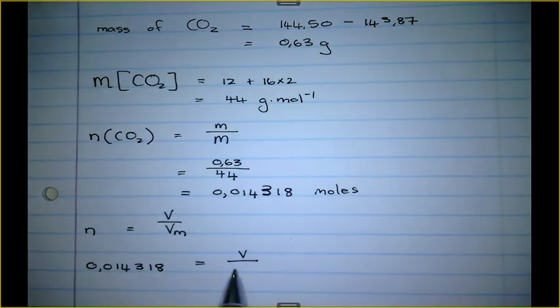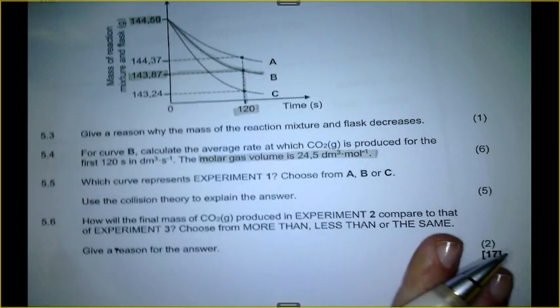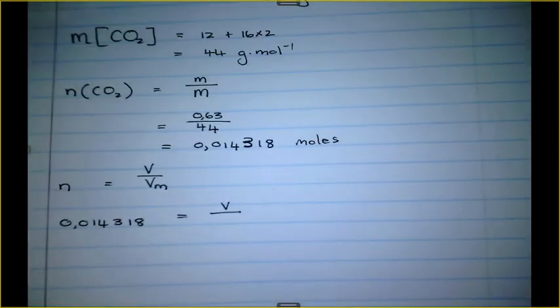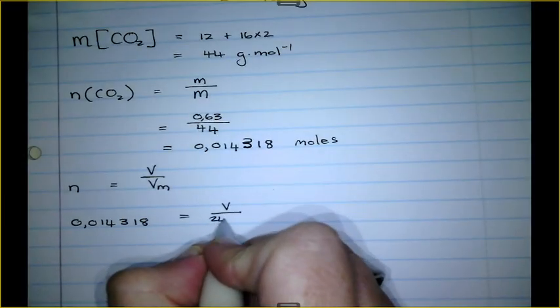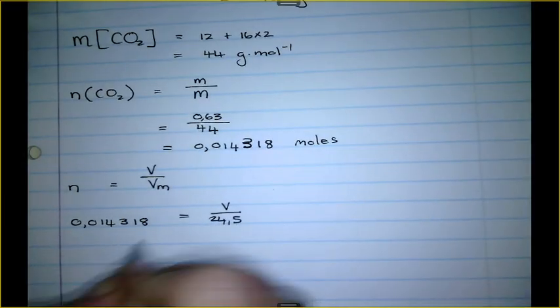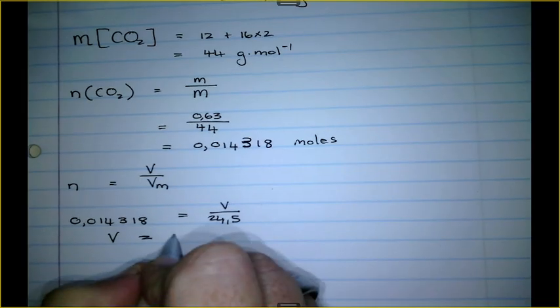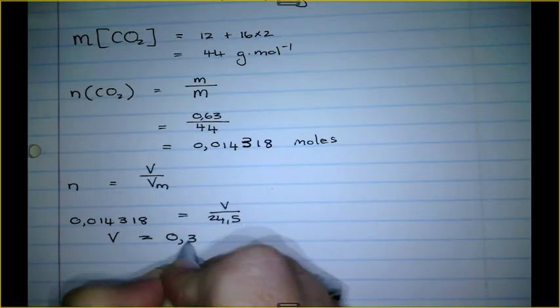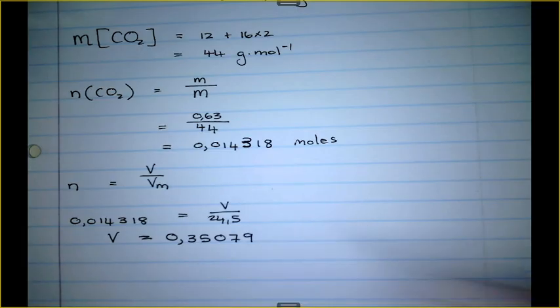And now here we are going to use this molar volume that they gave us, because it's probably not at STP. 24,5. Right, 24,5. 0,35079 and change.